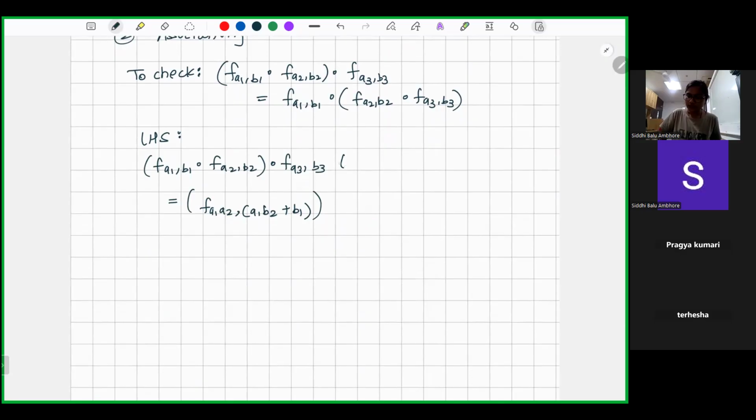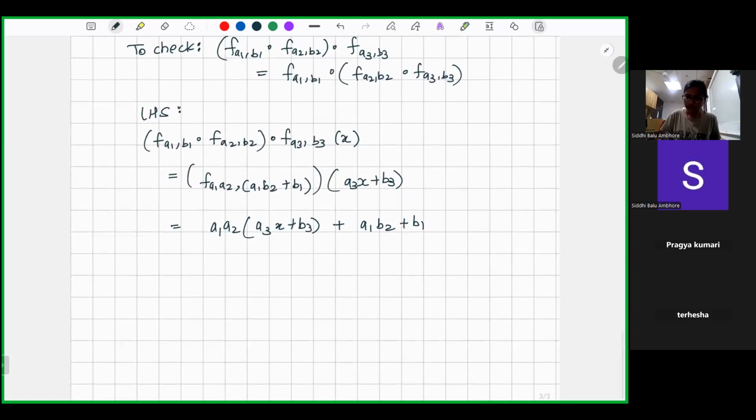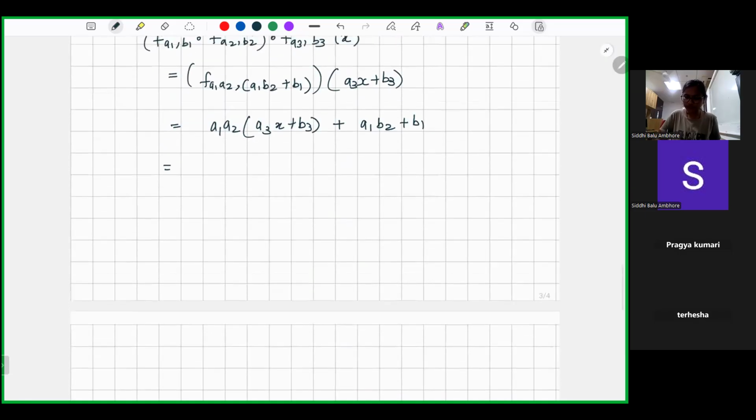Applying this directly on x, this becomes a3 x + b3. So this is a1 a2 (a3 x + b3) + a1 b2 + b1. When I simplify this, it becomes a1 a2 a3 x + a1 a2 b3 + a1 b2 + b1.